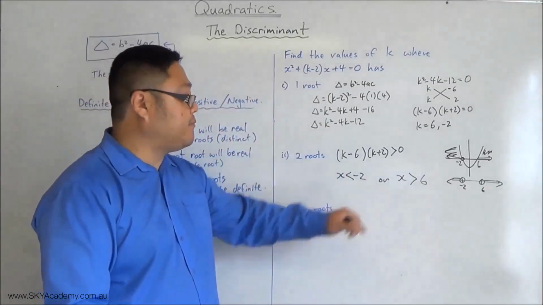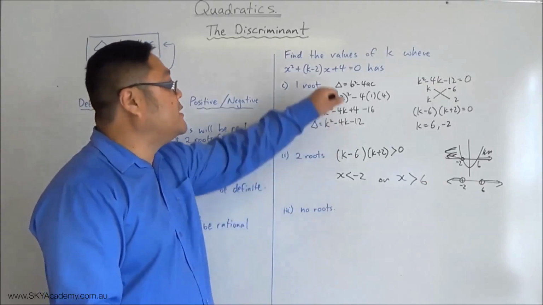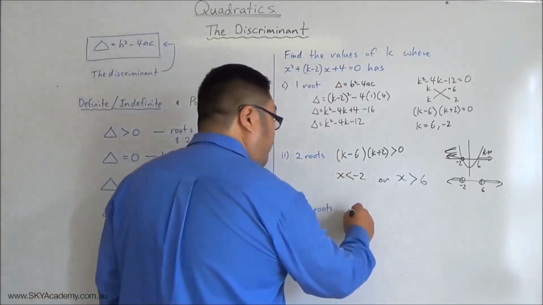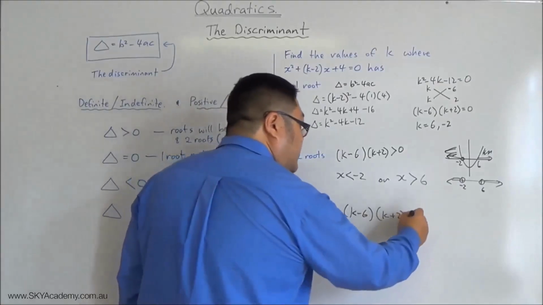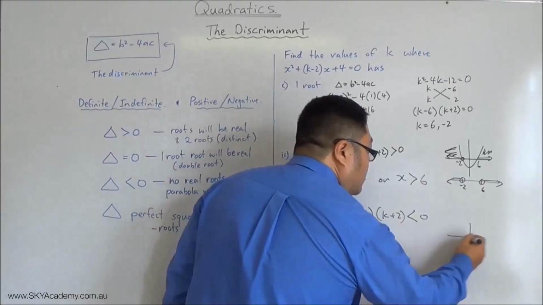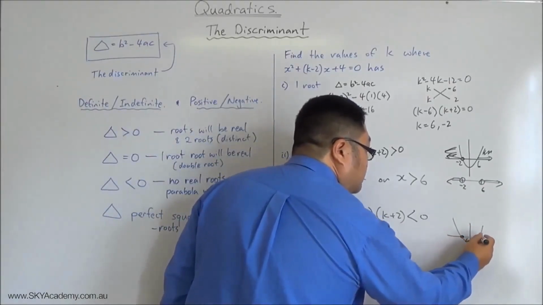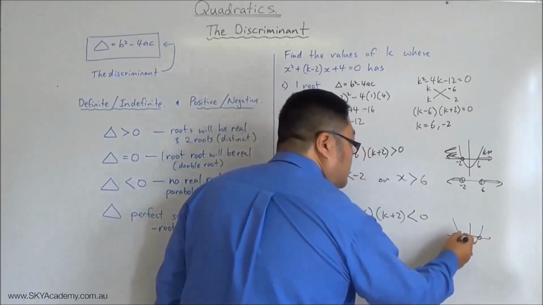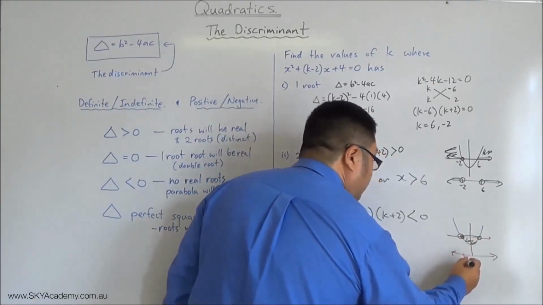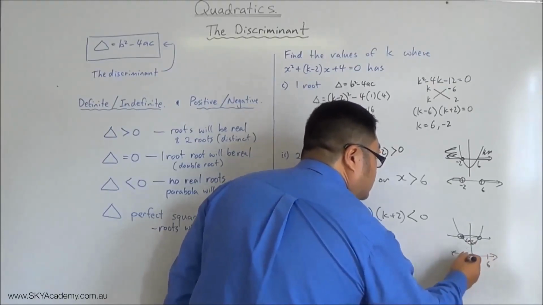Okay, got that? When will this have no real roots? It's when the discriminant is less than 0, which will be in this region, from minus 2 to 6.